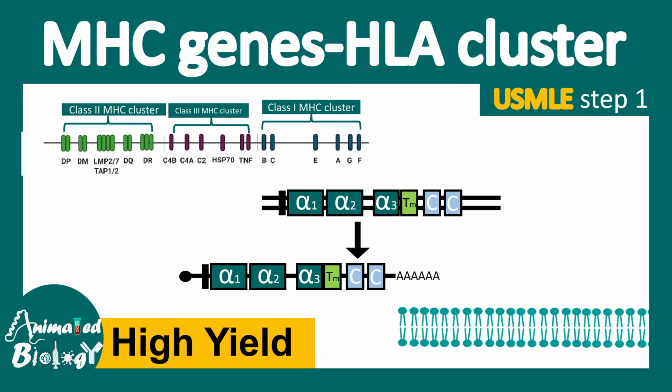In alpha 1, alpha 2 and alpha 3, there are specific locations which are hotspots for polymorphism. And it has been shown from X-ray crystallographic data that these highly polymorphic regions fall in the peptide binding groove of the MHC molecules. That means these changes would determine how MHC would interact with the antigen.